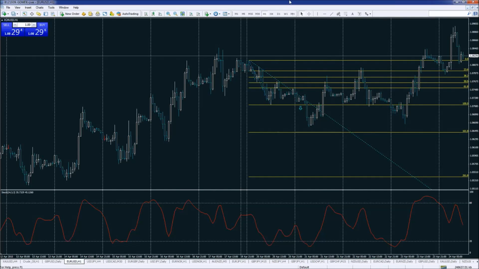Some of you might already be familiar that stochastic and relative strength measure overbought and oversold conditions, all right? That means in a directional trend, indicators like this one do you no good. So they're only a confirmation that you have a direction, and this is why I'm using it.